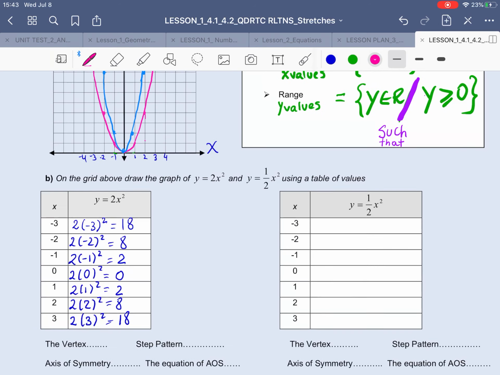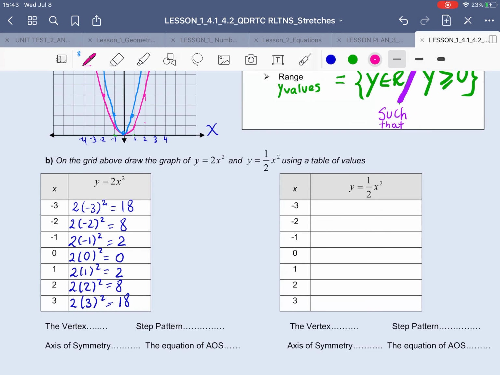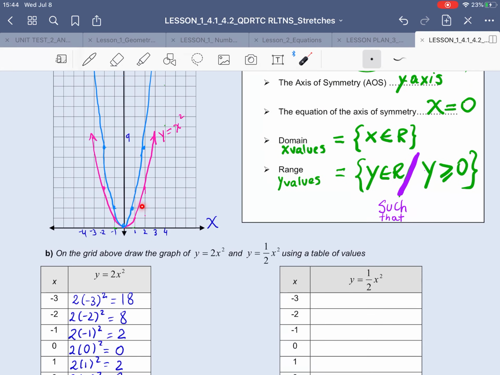Okay? The next graph that we want to draw is 1/2 x squared, but we have a couple of questions we want to answer in here. What is the vertex of y equals 2x squared? We're going to say the vertex is still at 0, 0, so 0, 0 it is. Now, what is the step pattern? So the step pattern is starting here from x equals 0, 0. And then as we move over 1, we have to go up 2.